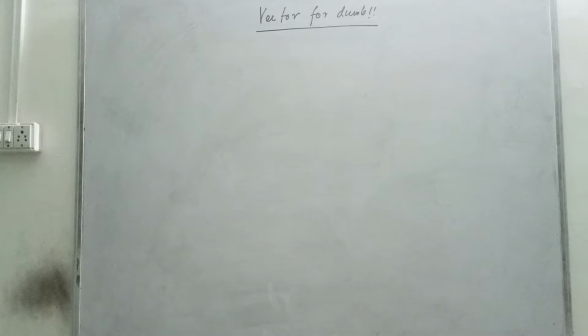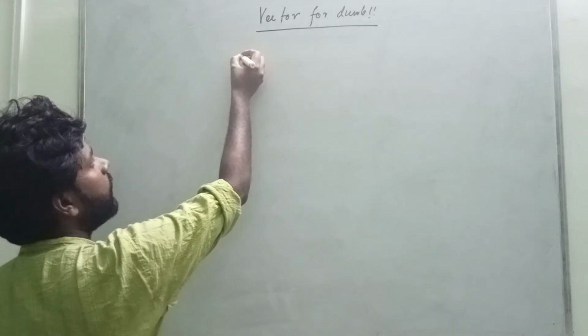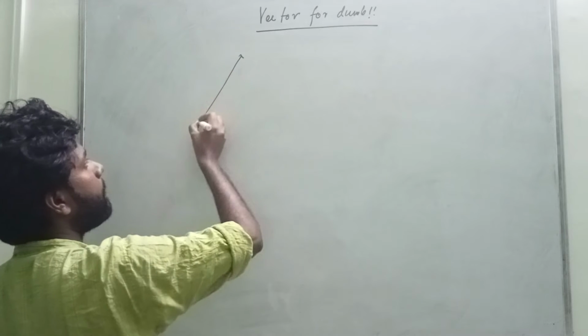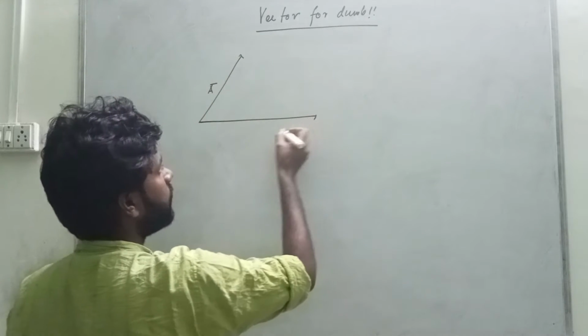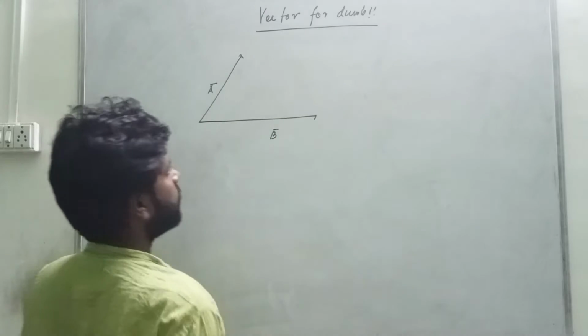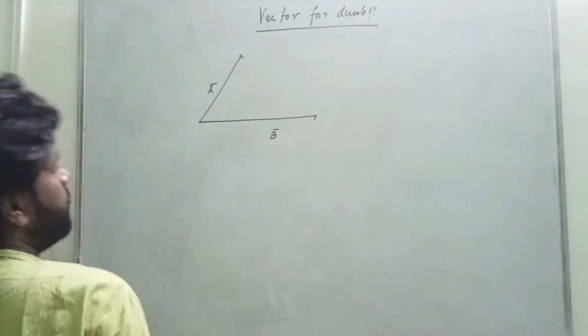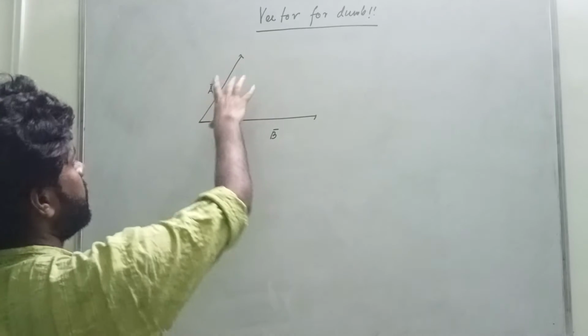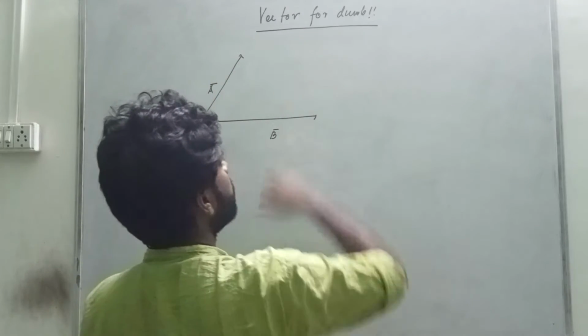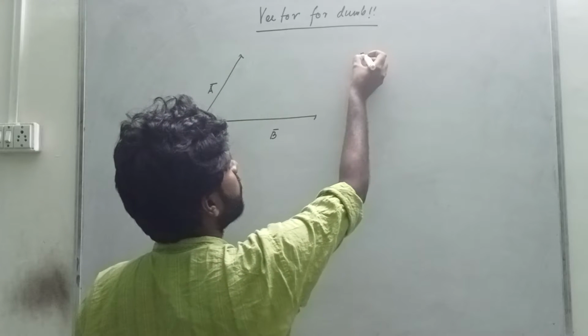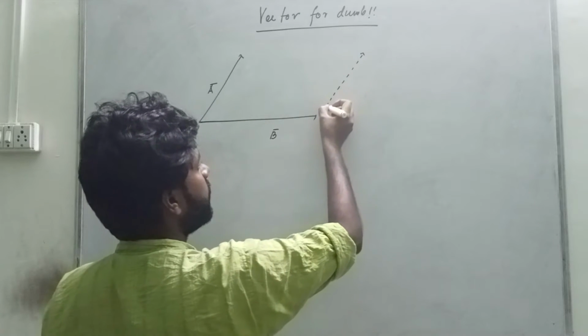So let's introduce, if it is a vector a and it is a vector b, then obviously the a plus b, actually if you just translate this a from here to there, it is actually our new a, right?